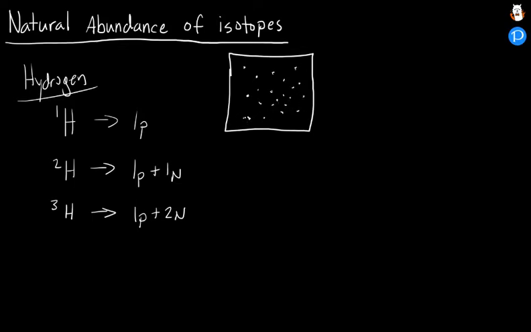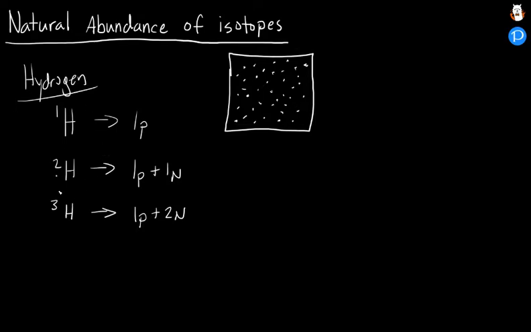What we would see is that some of these hydrogen atoms are H1 atoms, some of them are H2 atoms, and some of them are H3. But here's the thing: we would find more often than not, pretty much most of these atoms are going to be H1 atoms, and a very, very small percentage of them are going to be H3 atoms.